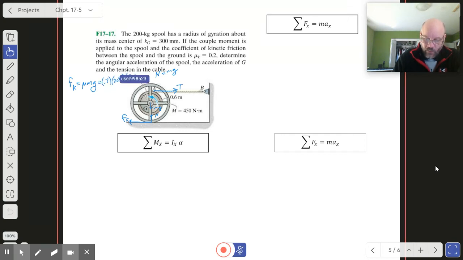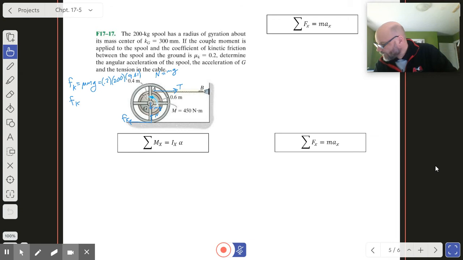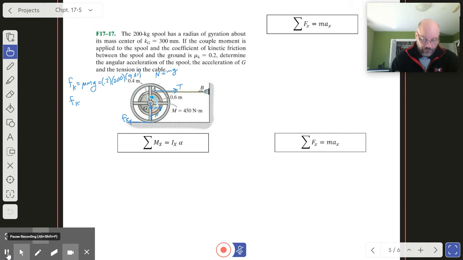And 9.81. So our friction, when we calculate that, is 392.4 newtons.